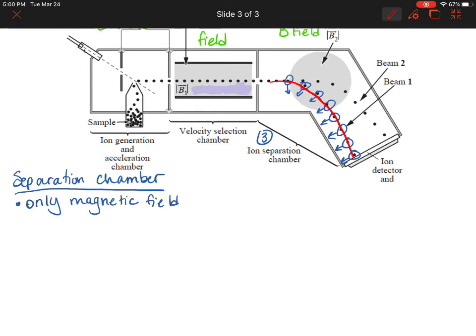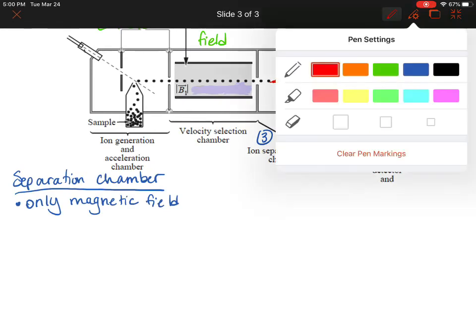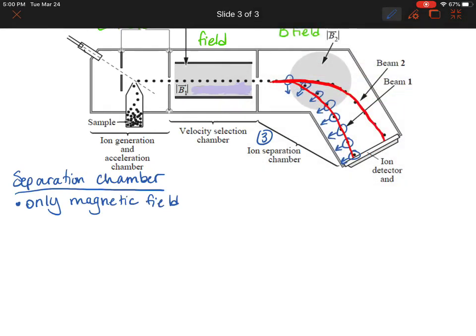So we do have to go back to our circular motion stuff from Physics 20, which I know you guys are just so excited about. So depending on whether it has a smaller trajectory, a tighter circle, or takes a bigger circular path, that's going to depend on the mass, and specifically the mass to charge ratio, which is what we're going to be trying to find here. Okay, so remember, this is where we have uniform circular motion.